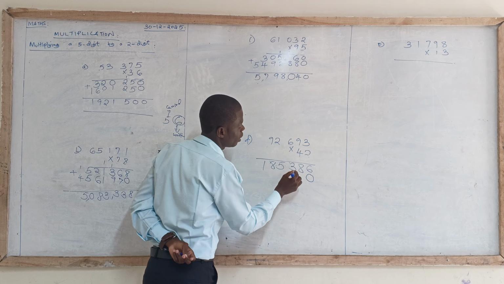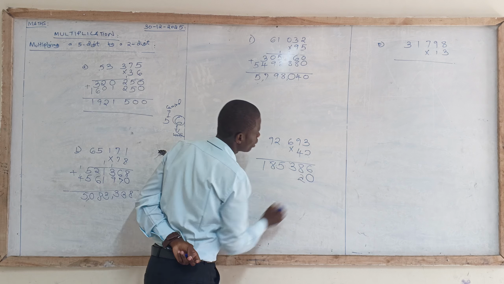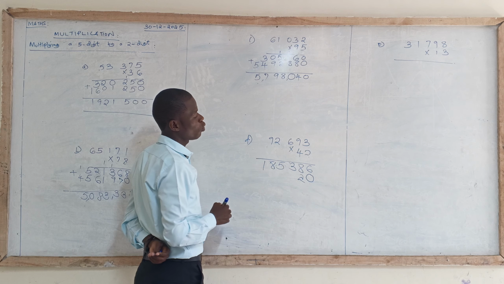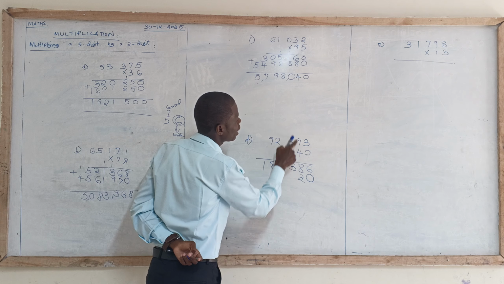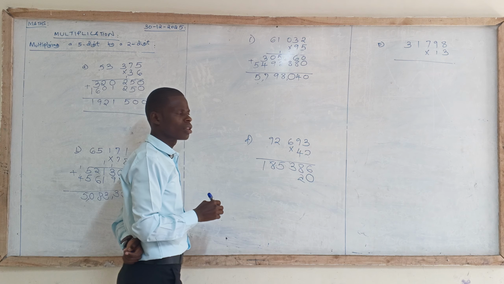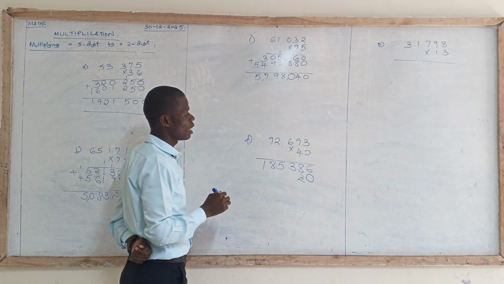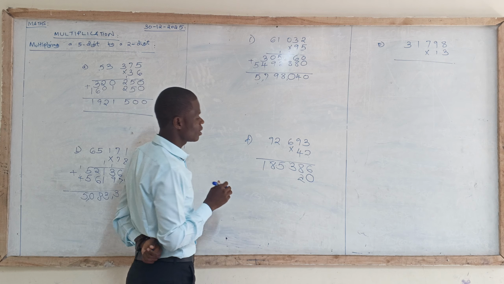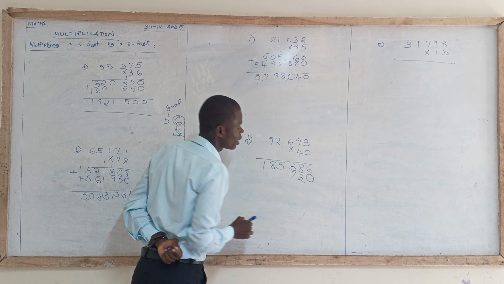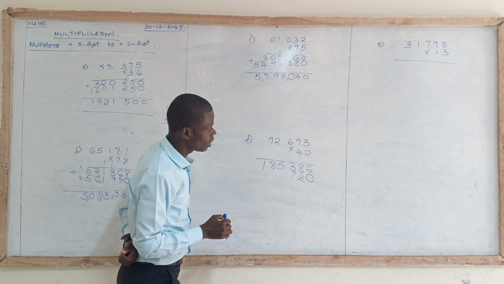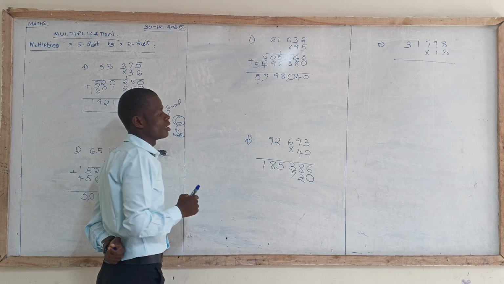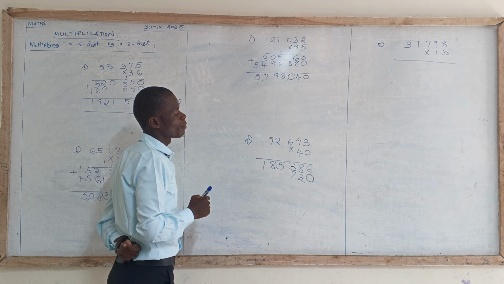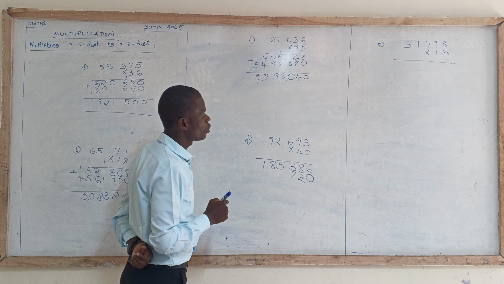4 times 3, we have 12. Write 2, carry 1. 4 times 9, 36. Plus 1 you carried, 37. Write 7 here. You are carrying 3. 4 times 6 here, what do you have?